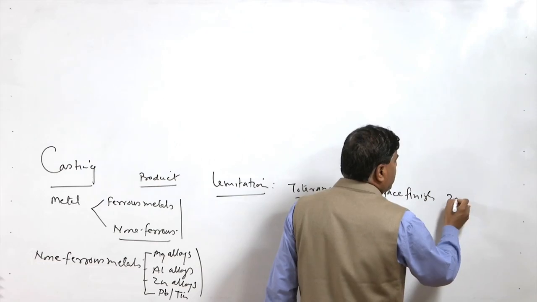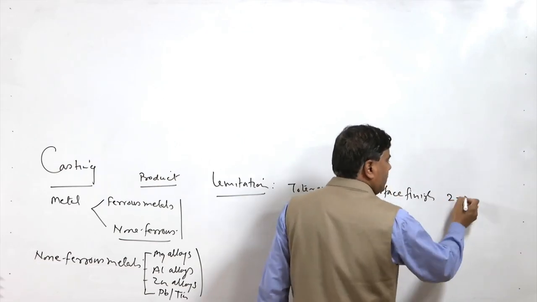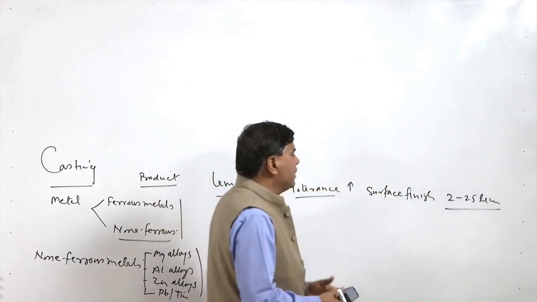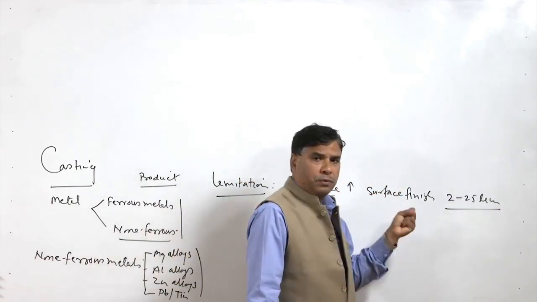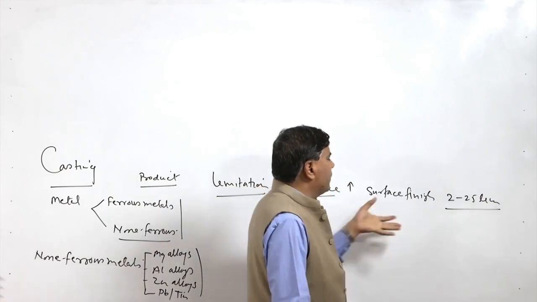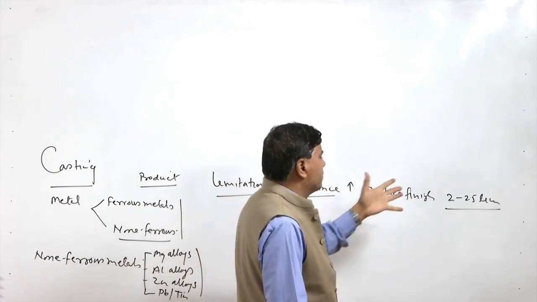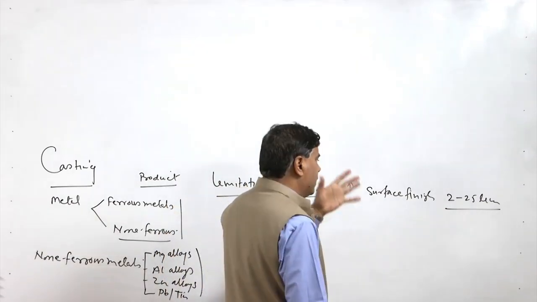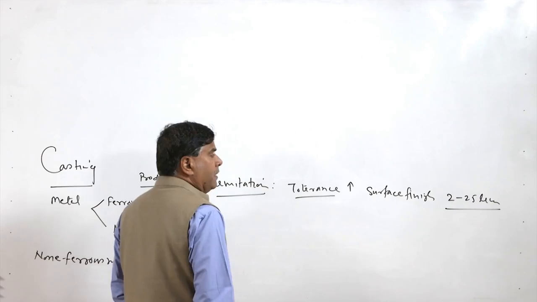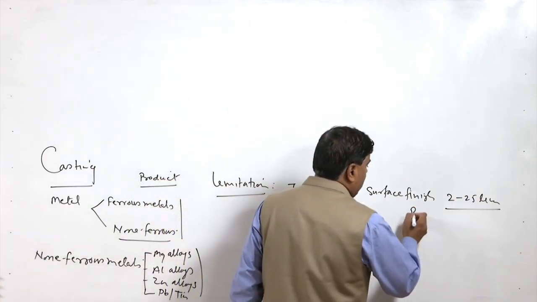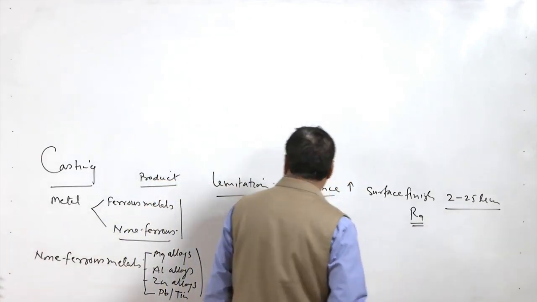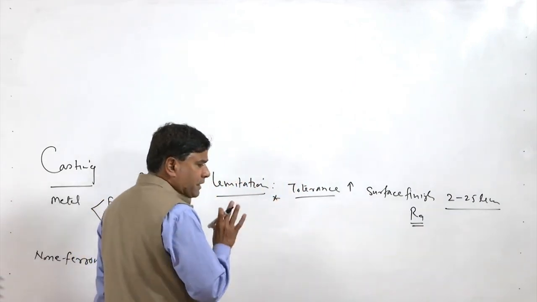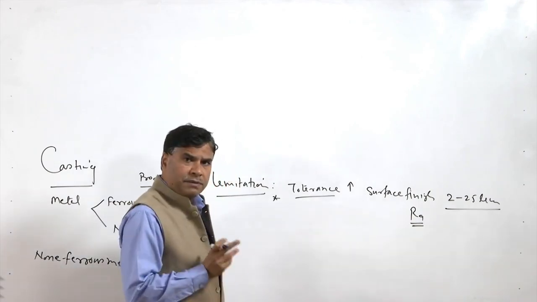Most of the time it needs machining. It may be a very good surface finish, of the order of 2 micrometer, and a poor surface finish in sand mold cast components, as high as 25 micrometer, where Ra is the roughness parameter.